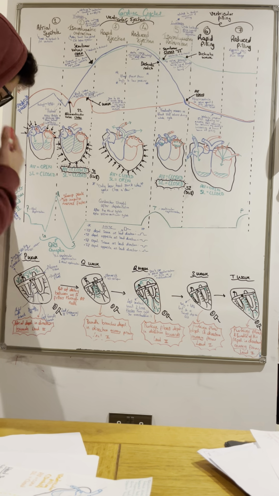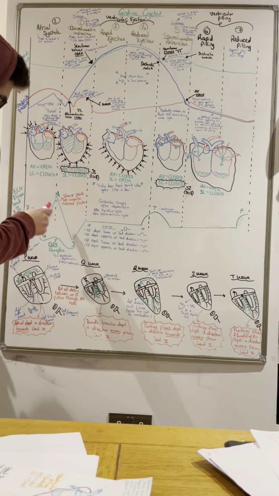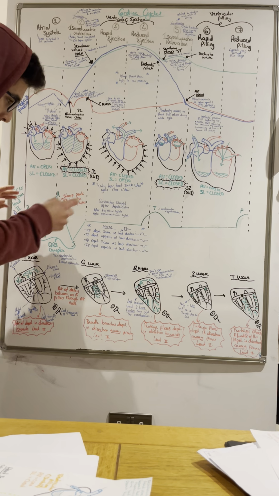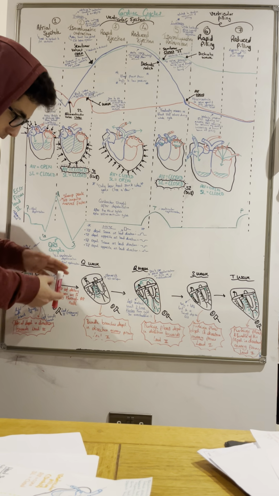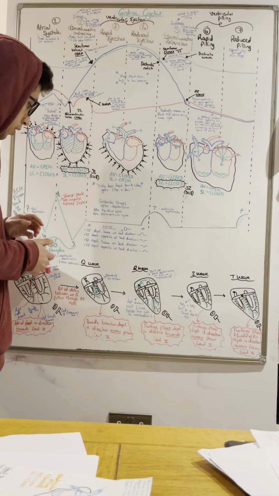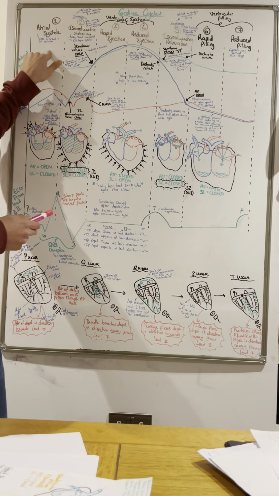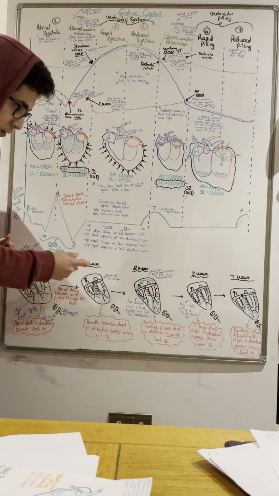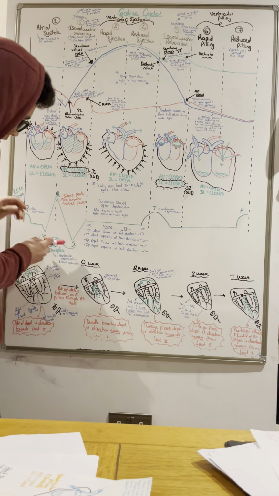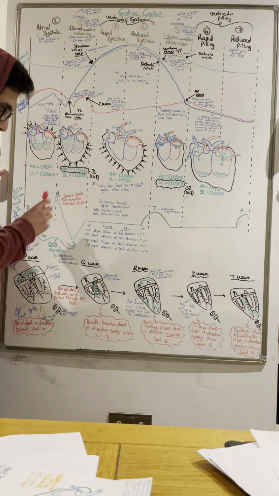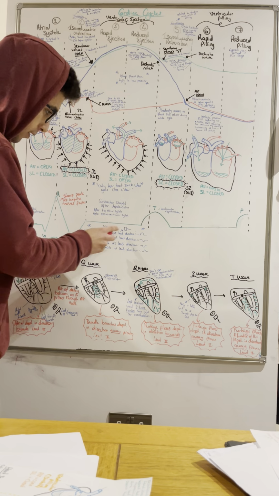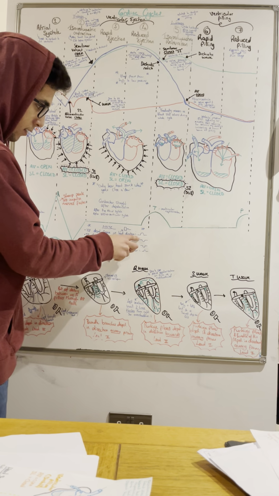Okay, we then got our R wave. So again, we're continuing with this depolarization of our ventricles, and this is all in atrial systole. Okay, so our R wave is a spike up of depolarization. This is the same as the lead direction, which means it's a spike up.